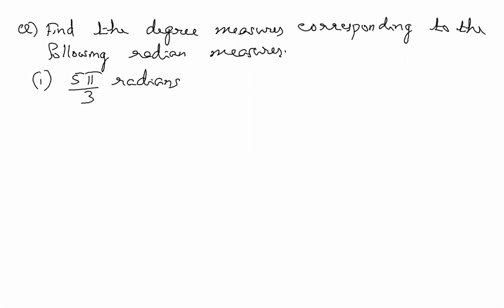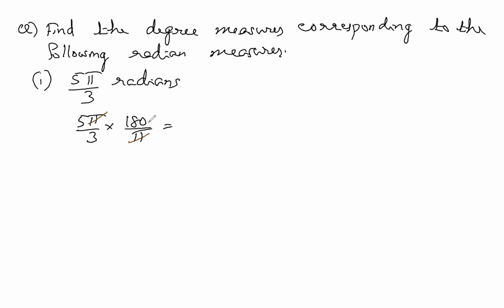Correct. Multiply by 180 by pi. So now, Catherine Mary, what answer do you get if you multiply by 180 by pi? So 5 pi by 3 into 180 by pi. We can cancel out this pi. Yes, you will get 300.